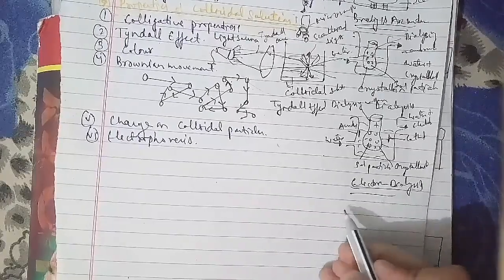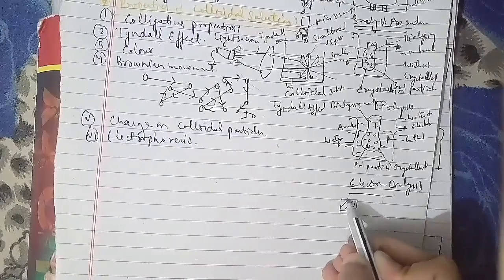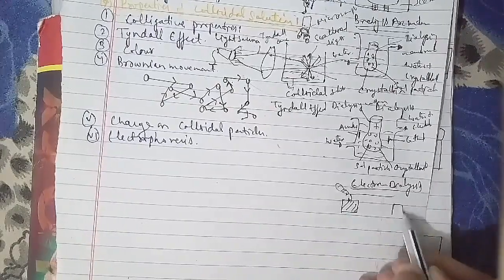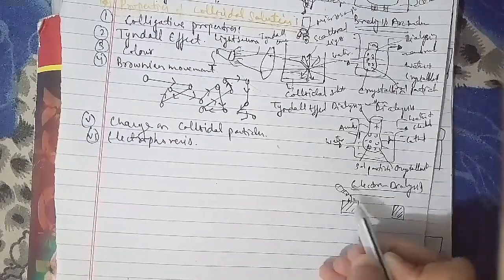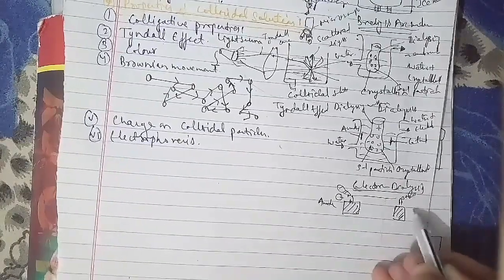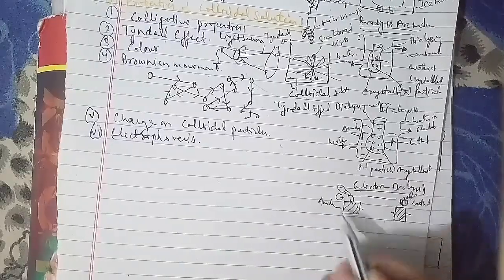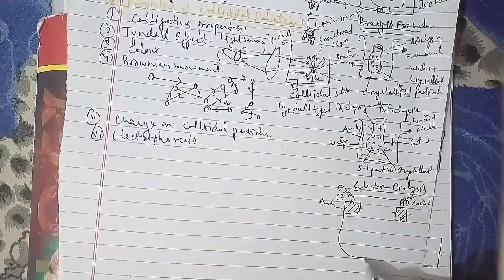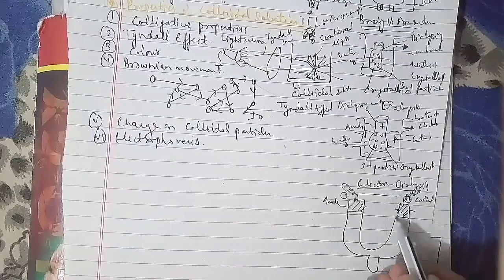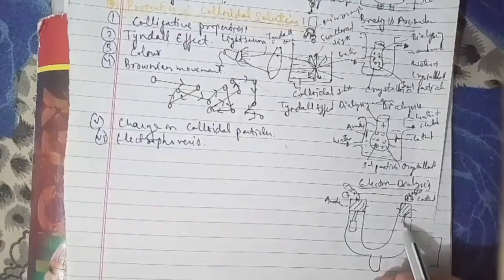So here it is. This is your anode, this is negative. This is cathode, which is positive. And there is a tube. This is a stopcock.